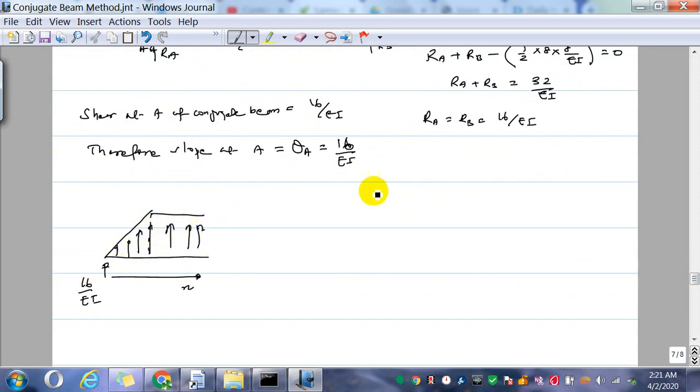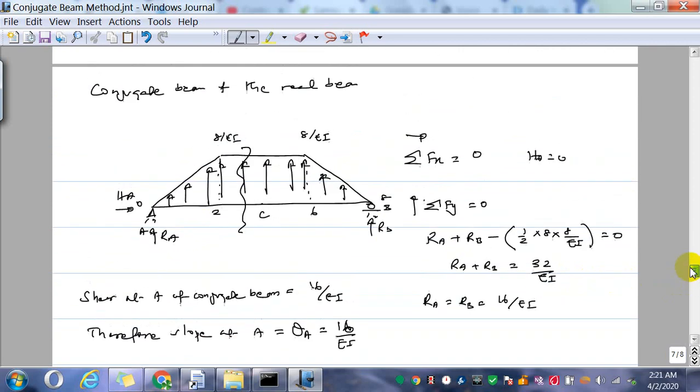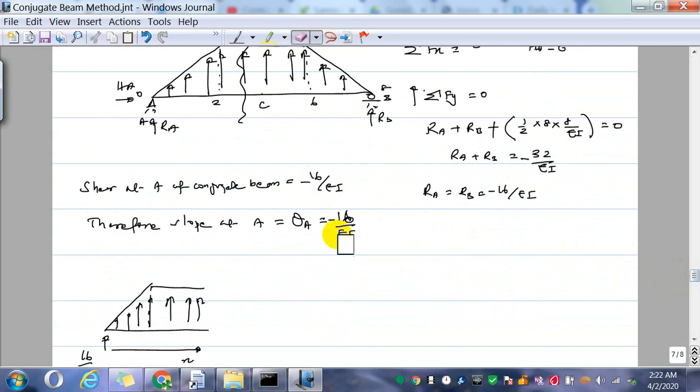Okay, I made a mistake here. RA is plus upward, RB is upward and also plus, and this is minus, this is minus. So this is also minus, and this is minus. So the slope is minus 16 over EI.